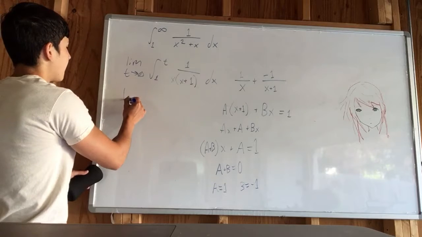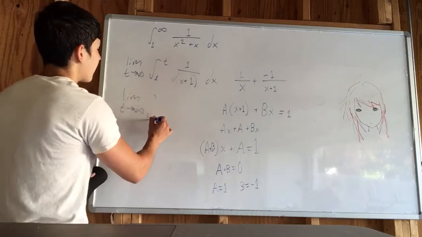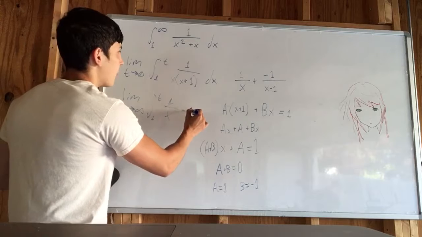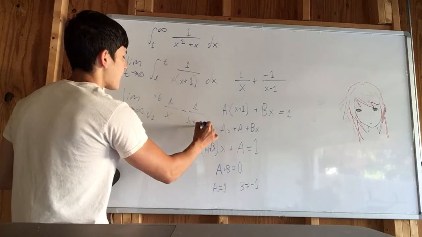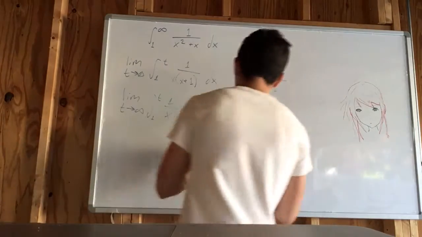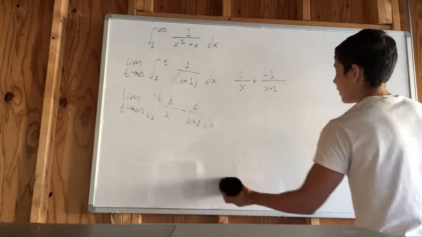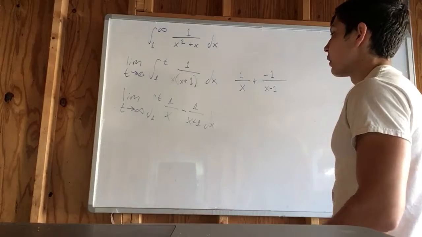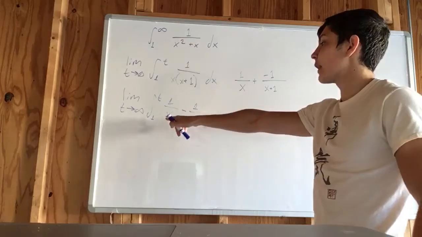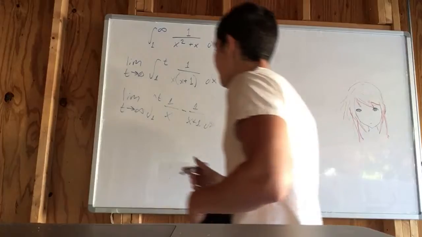So this is how this looks now. The limit as t approaches infinity from 1 to t, of 1 over x minus 1 over x plus 1 dx. Okay, so now we can integrate this part separately from this part, which is what we wanted. Now it's much easier.